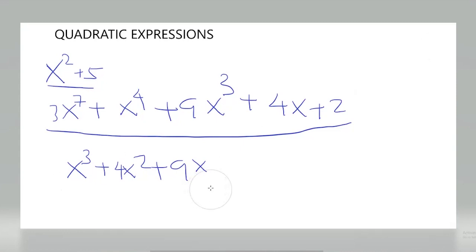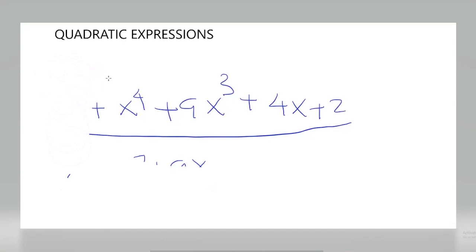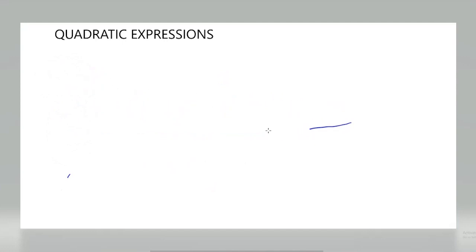So we can conclude that an expression with the highest exponent of 2 is called a quadratic expression, and if it doesn't have the highest exponent of 2, then it's not a quadratic expression.